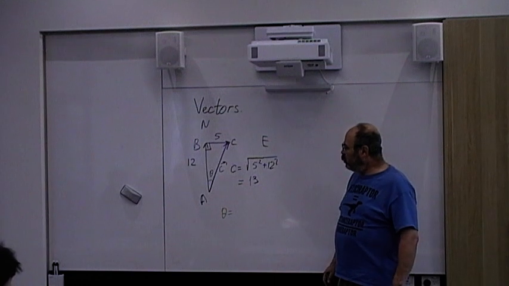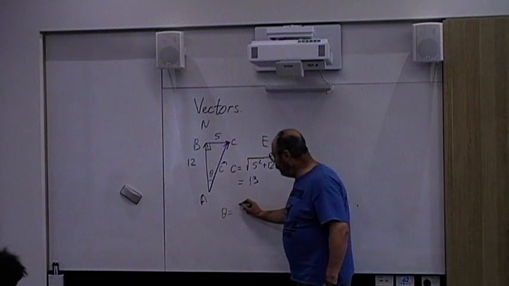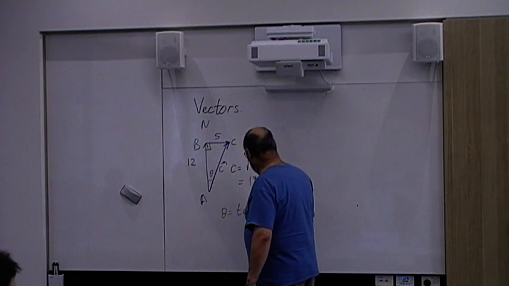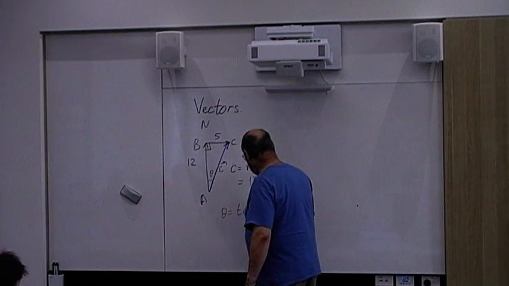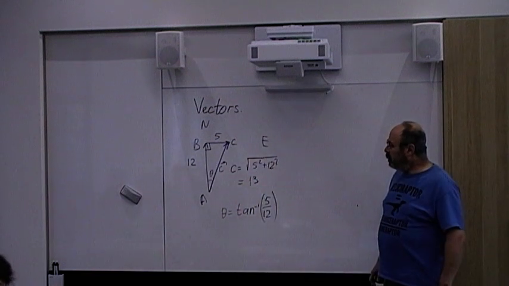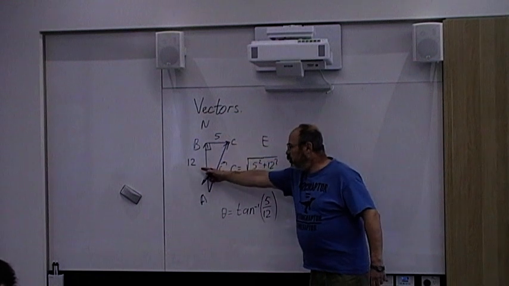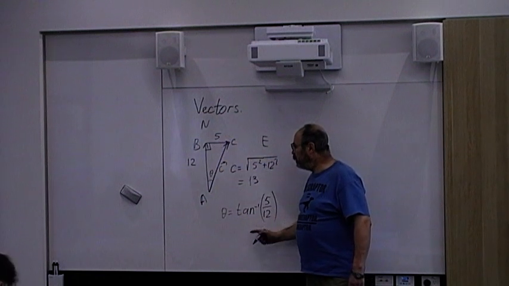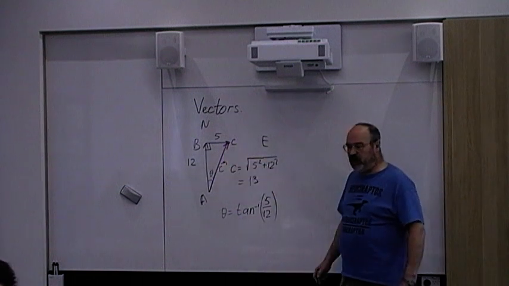So this angle will be equal to tan negative 1 of 5 over 12, because tangent is opposite over adjacent. So the angle will be inverse tan, tan negative 1, of 5 divided by 12.